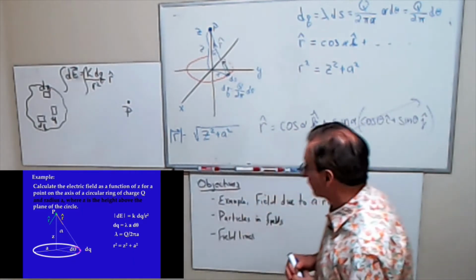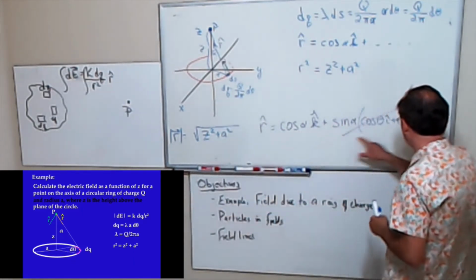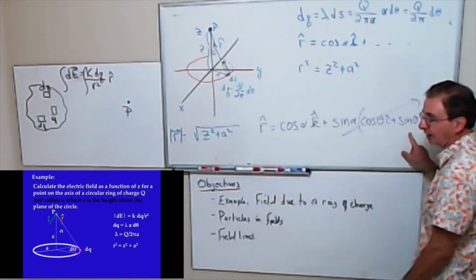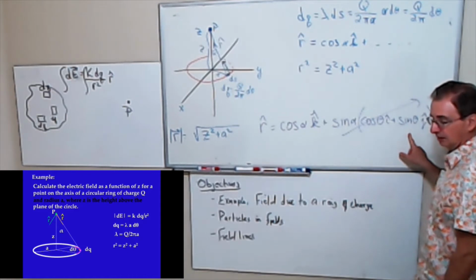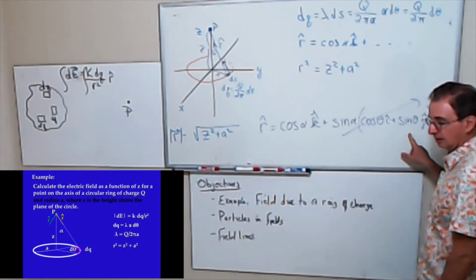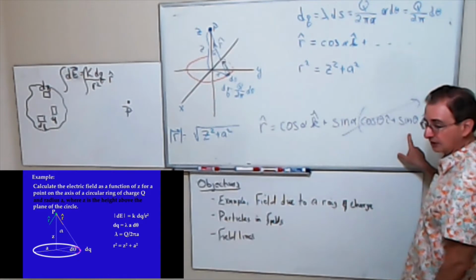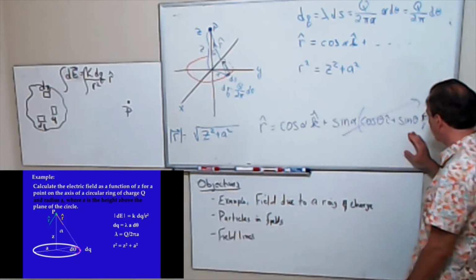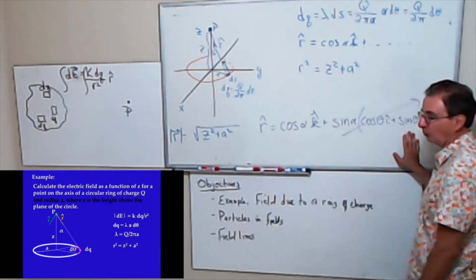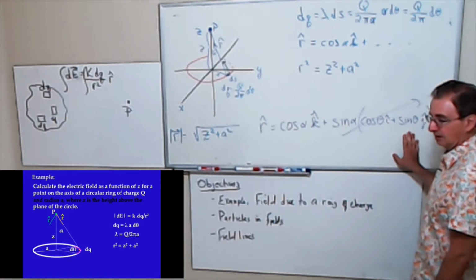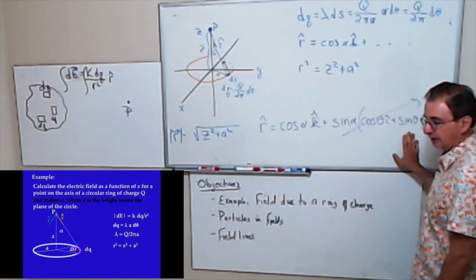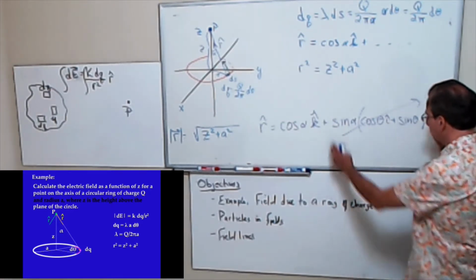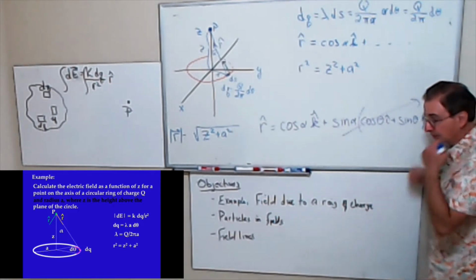R hat does have to be a unit length. So if you actually calculate the length of this, you'll get 1. That's correct. What you said is correct. So if you do this calculation, if you square this vector, you'll get 1. Okay. But this part, when you integrate, will disappear.